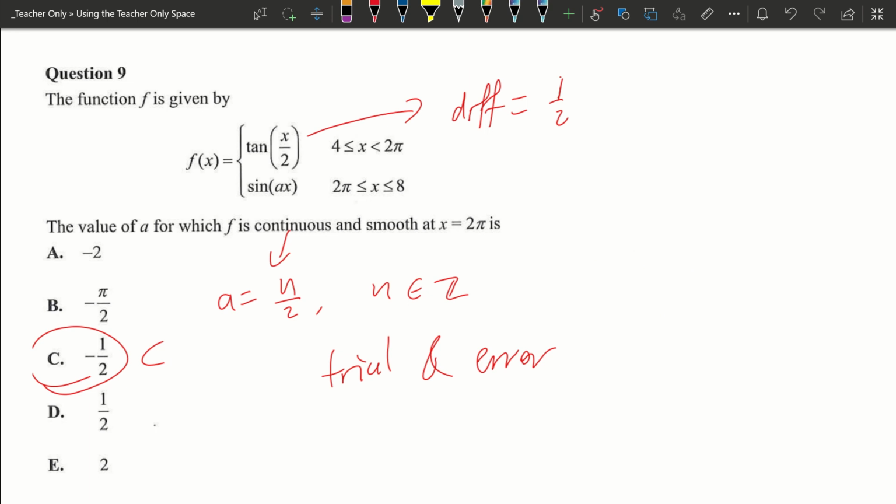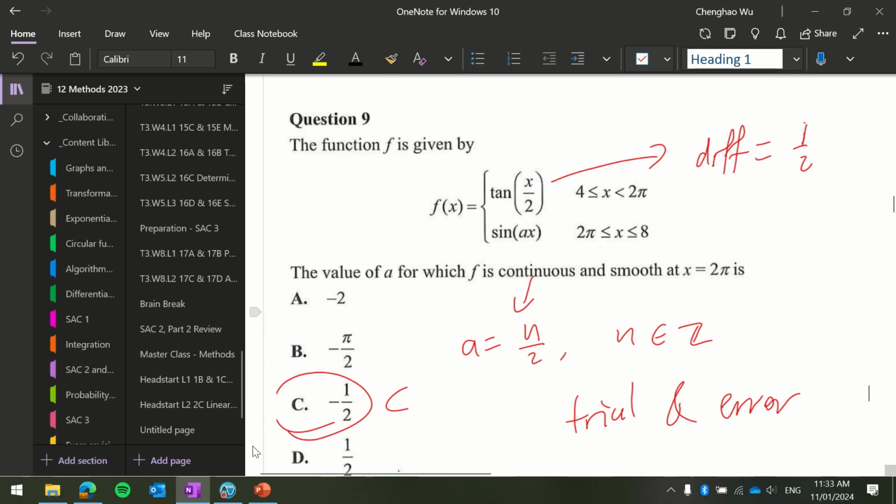Okay, so I've written here continuous means a equals to n over 2. But then, this comes from the fact that all I have to do is find where the end point of the first part is.